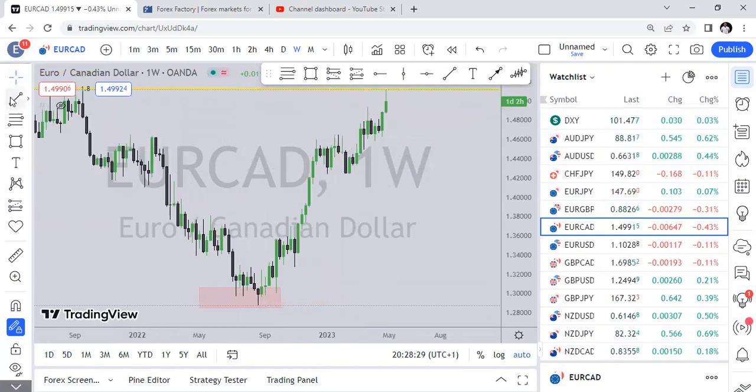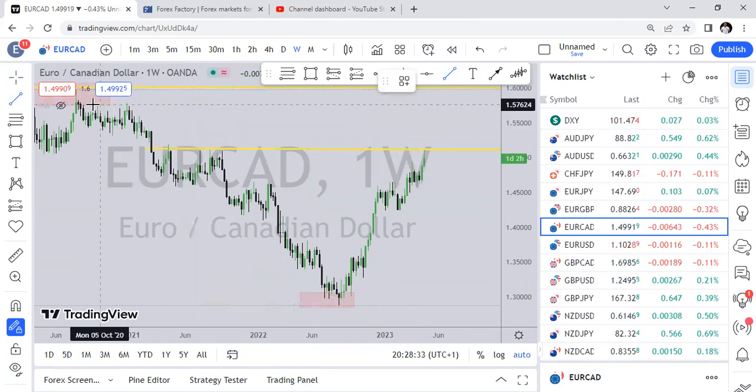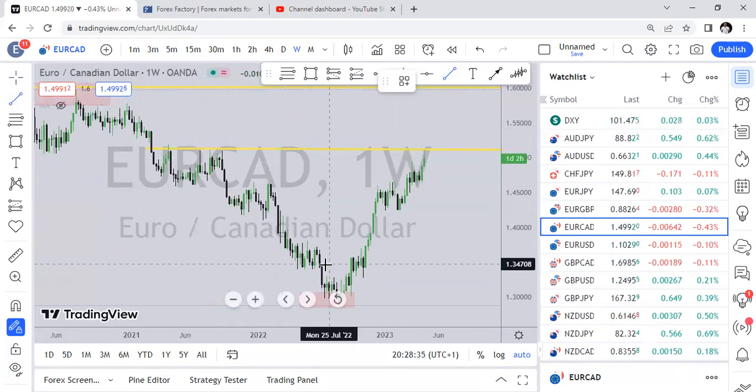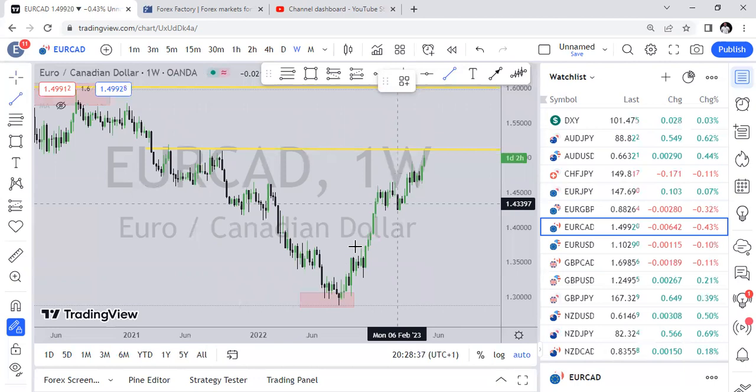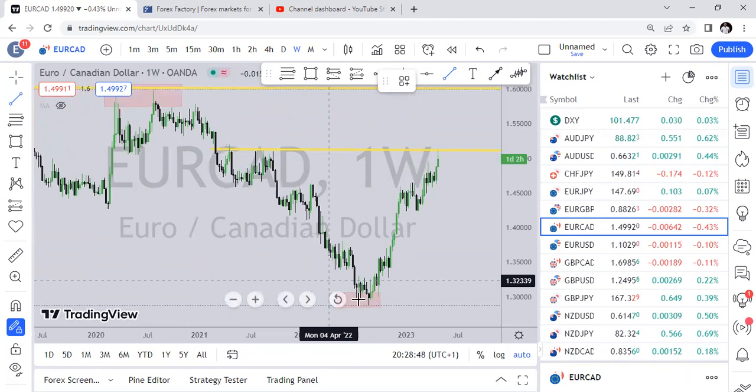So these two, we can look at the same way we saw that this was an impulse, and we are regarding this as a retracement, and we are going to see it as a retracement as long as this high here, the high formed here, and the low here has not been taken out.